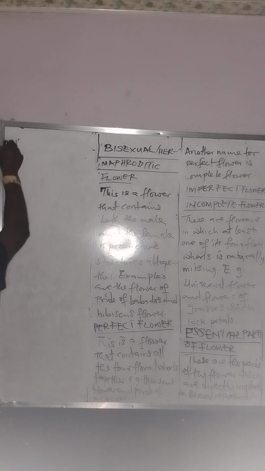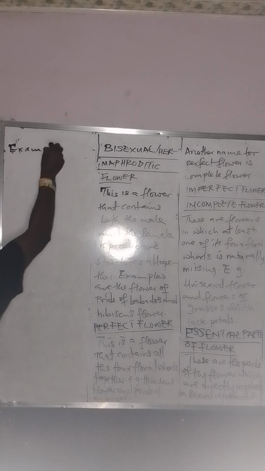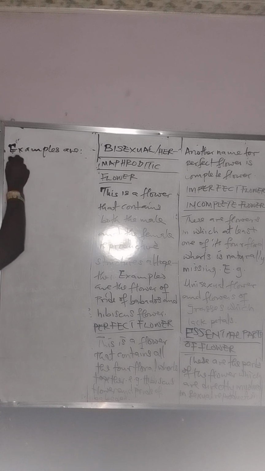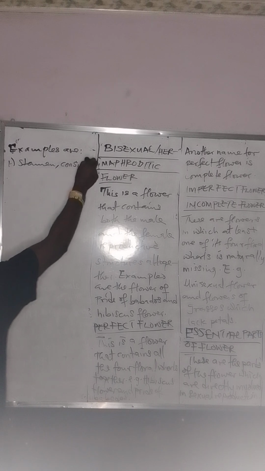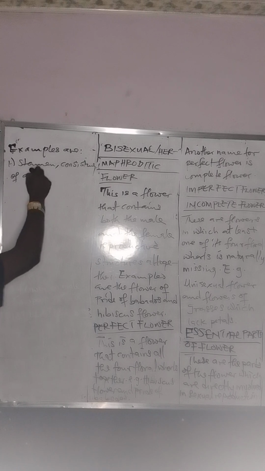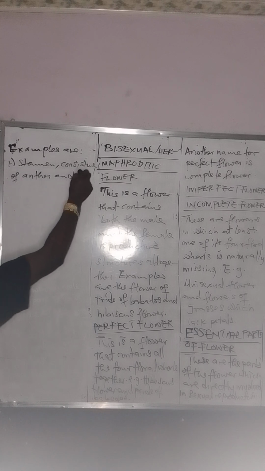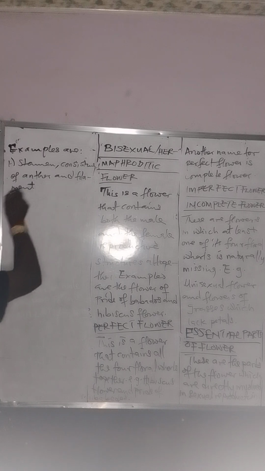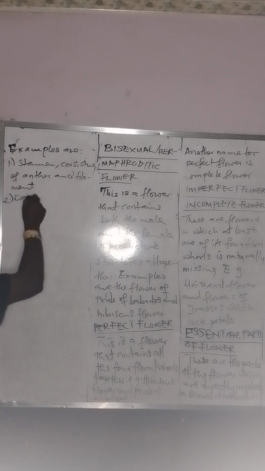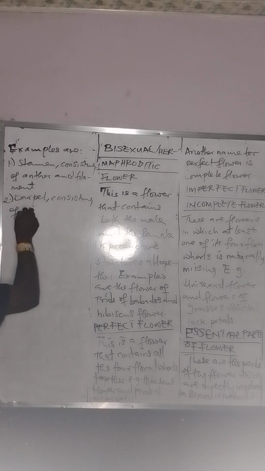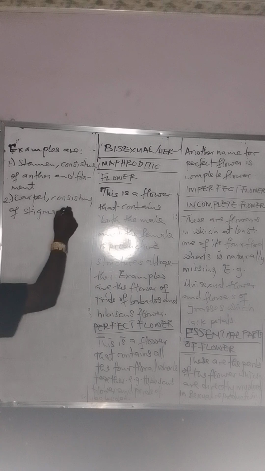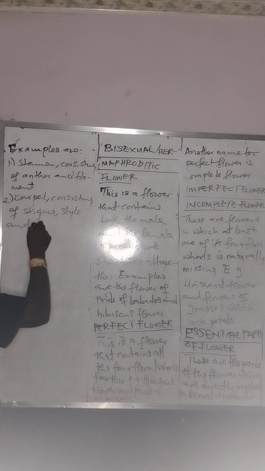Examples are, we have the stamen, consisting of what? Don't forget, consisting of anther and filament. Number 2, we have the carpel, consisting of stigma, style, and ovary. So now these are essential.